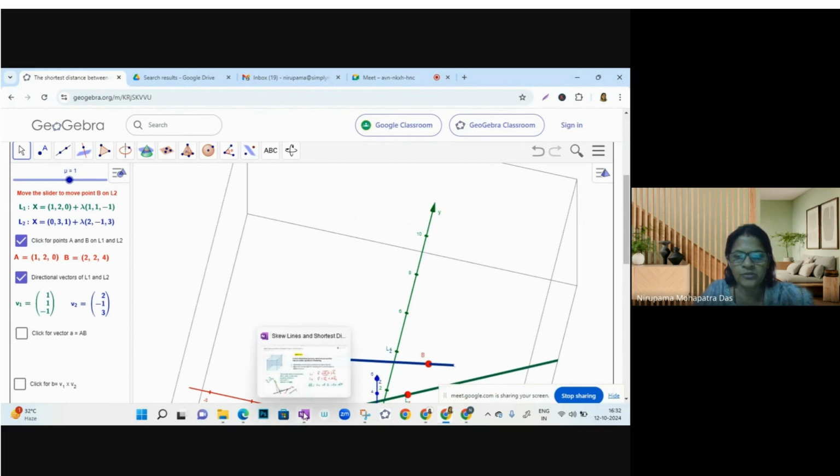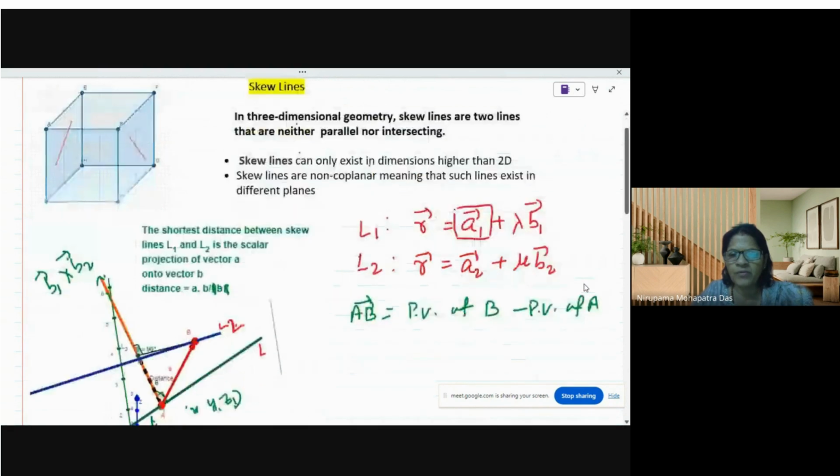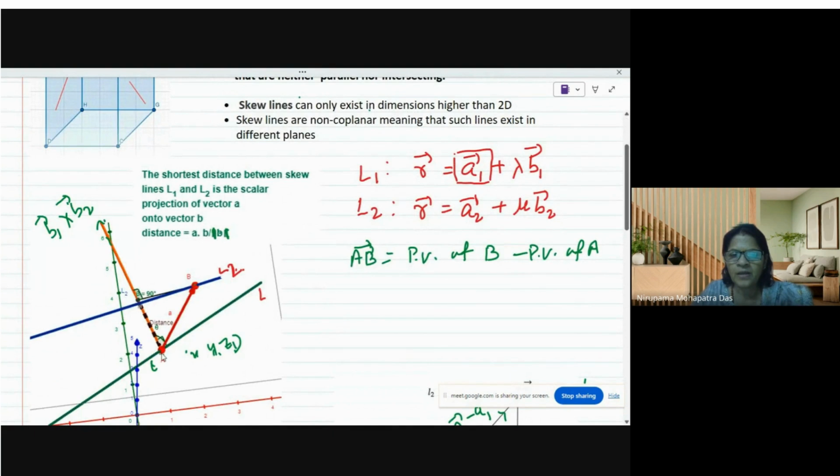I can show you here. We have two lines. The equation of L1 is r vector equals A1 plus lambda B1. So L1 passes through A1, and B1 is the vector to which the line is parallel.